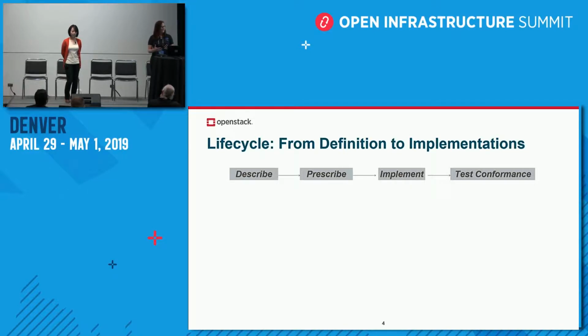So also to set a little context, when you're developing a standard, it's not just, here's the API, now go. There's actually a lifecycle associated with all of it. The first phase is describing and specifying the standard. Then there's prescribe, implement, and test. And for that, you need a broader ecosystem than just the standard itself. So in the first phase, there's really just describe. You have the standards.